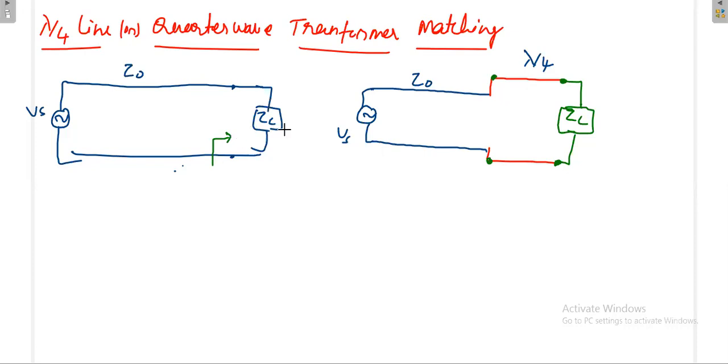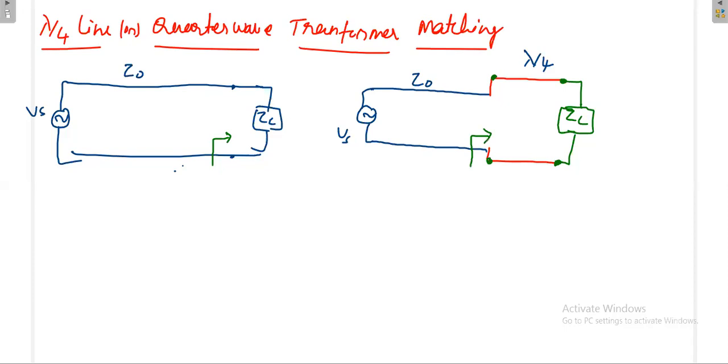But if I look in this way and it is Z0, the characteristic impedance, instead of ZL, then definitely no problem, no reflection. Why are we going for impedance matching? To stop the reflection. When Z0 is there instead of ZL, there is no reflection.